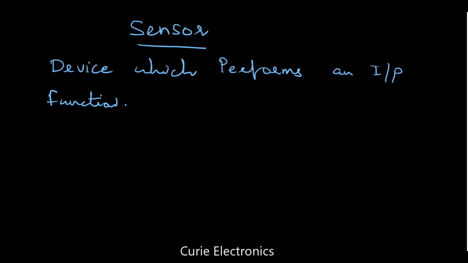So the simple example is inputs are there. What are the inputs? Microphone, sensors. Then what is the temperature sensor? Many sensors are there. Now we will see a few of these sensors before winding up this short video. What is sensor and transducer? So sensor is used as an input device.